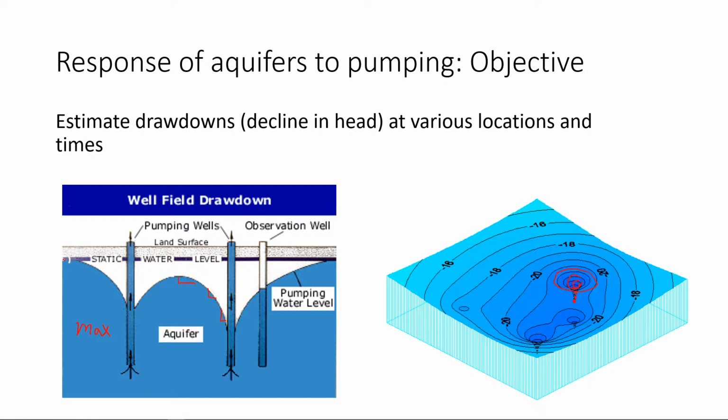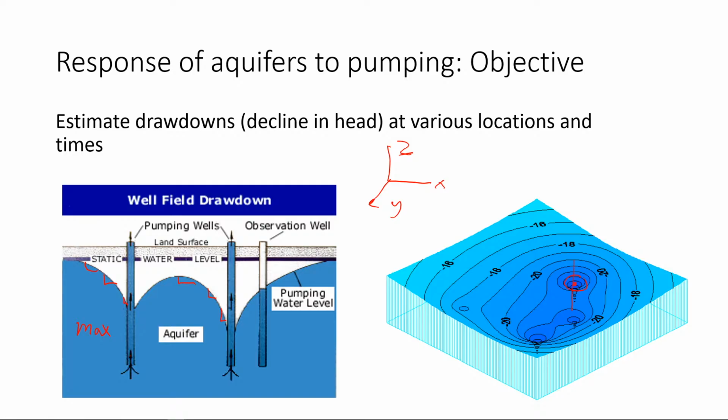The slope here is gentle, the slope here is steep, and here is the steepest. The most important thing is that this goes in a circle, which means that instead of a Cartesian coordinate system x, y, z, we can write our groundwater equation in a polar or cylindrical coordinate system. We will see how this helps us find analytical solutions easily.